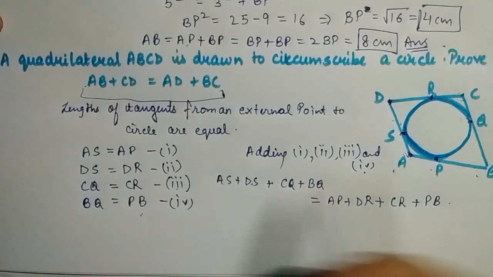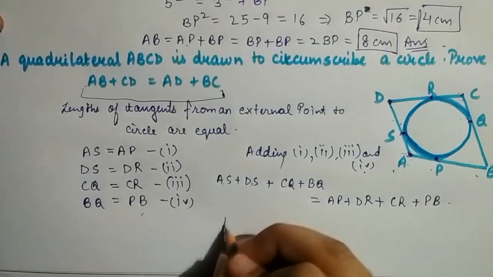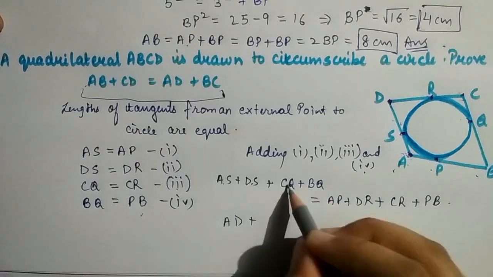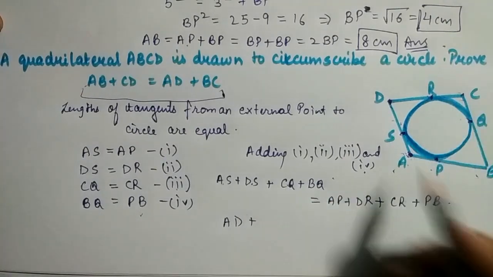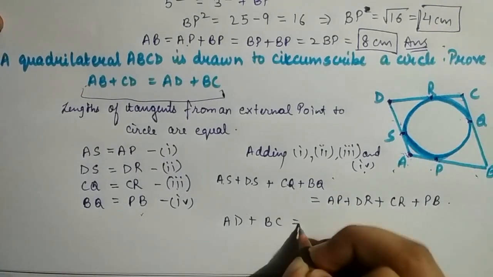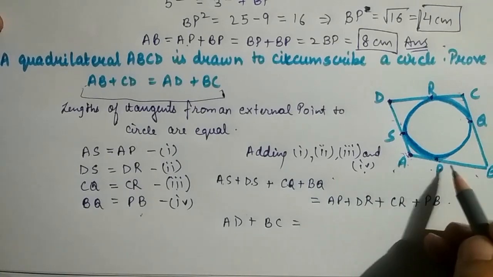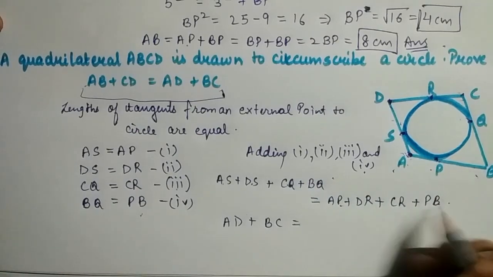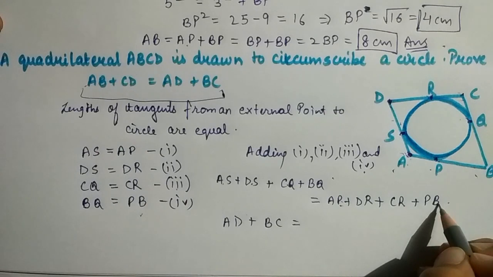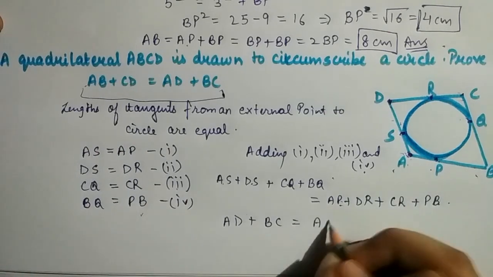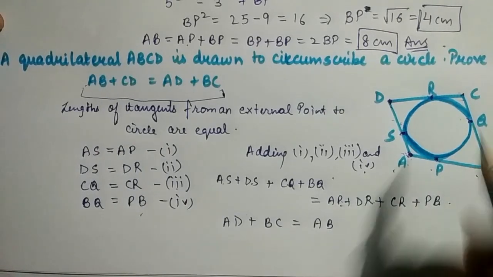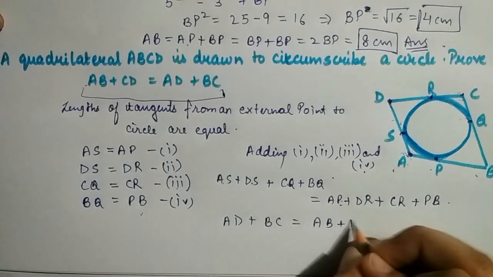Now AS plus DS will become AD. So AD plus CQ plus BQ will become BC is equal to AP plus BP. AP plus BP will become AB and DR plus CR will become DC.